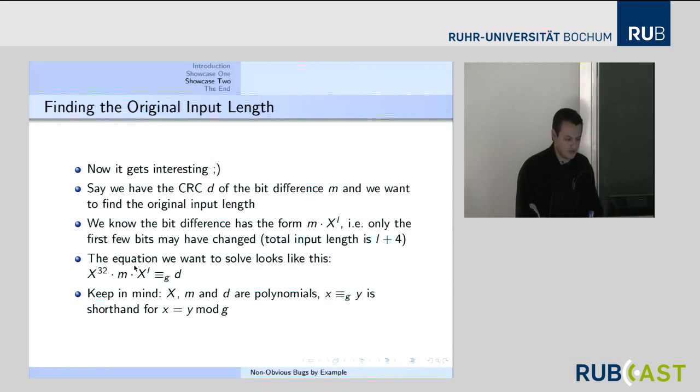This is how the CRC value actually should look like. Oh yeah, and that's a modular reduction using the polynomial g. And keep in mind, those are all polynomials. M is a polynomial, x to the power of L is obviously a polynomial, and D is also a polynomial. Okay.